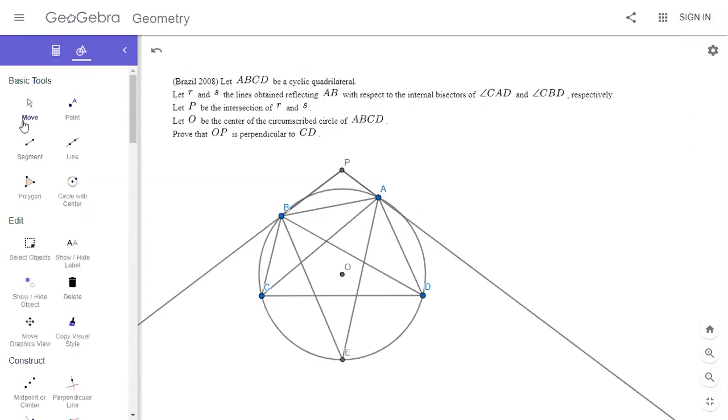Let's see. So that's the same as showing that PC equals PD, basically.